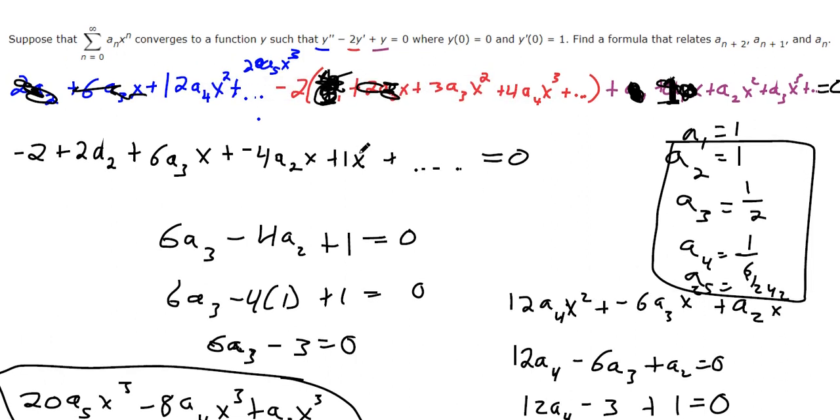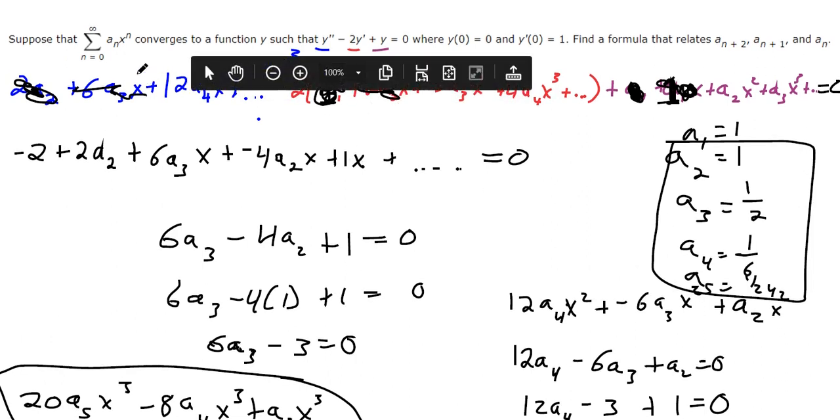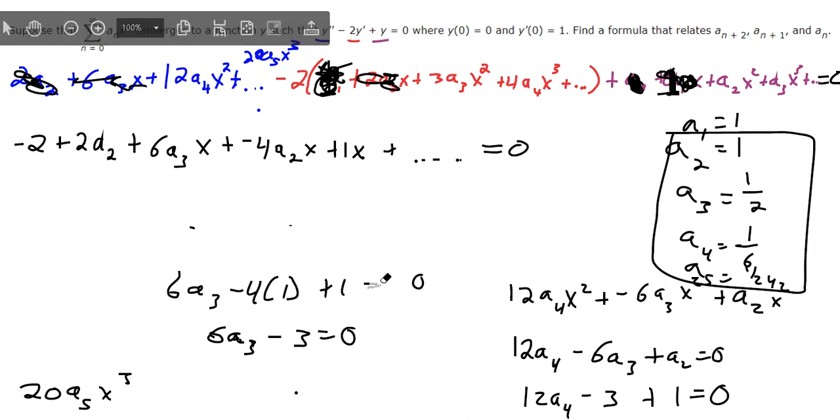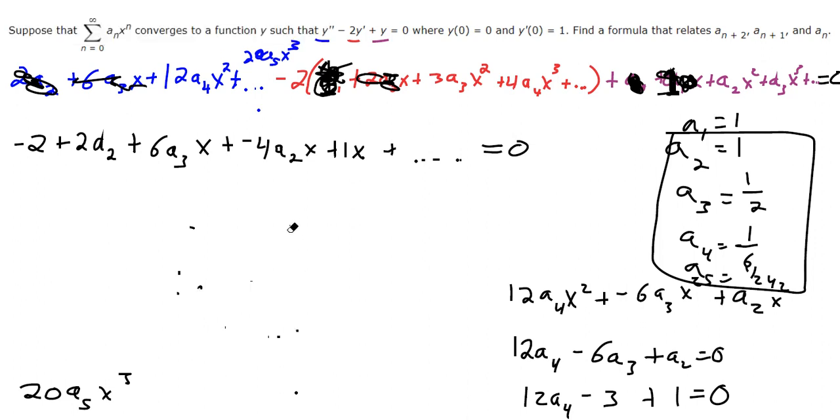Let's look at what y is now that we have the first 5 coefficients, because now hopefully we can detect the pattern. The goal of this problem is a little bit different than the goal of the problem we did in the lecture video. In the lecture video we tried to find y equals something, come up with that function. And since we have those coefficients written off to the side, you could eventually see a pattern forming.